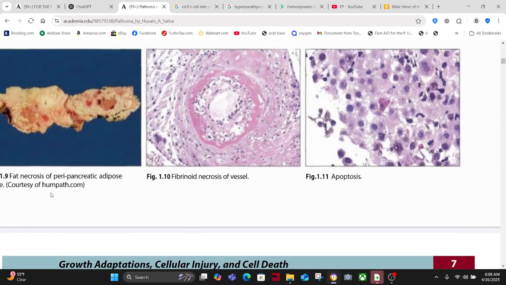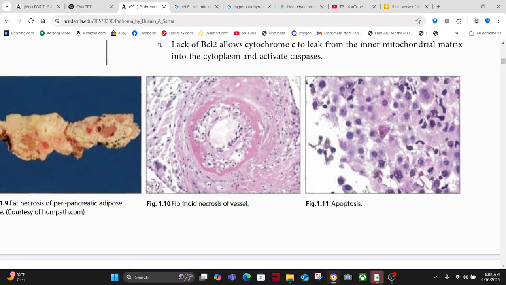This right here is a cell that apoptosis killed. You see how the cytoplasm around it is very pink? These other ones are normal. You see how they're all uniform and they're not pink? This is a cell undergoing apoptosis, and the cytoplasm is very pink.